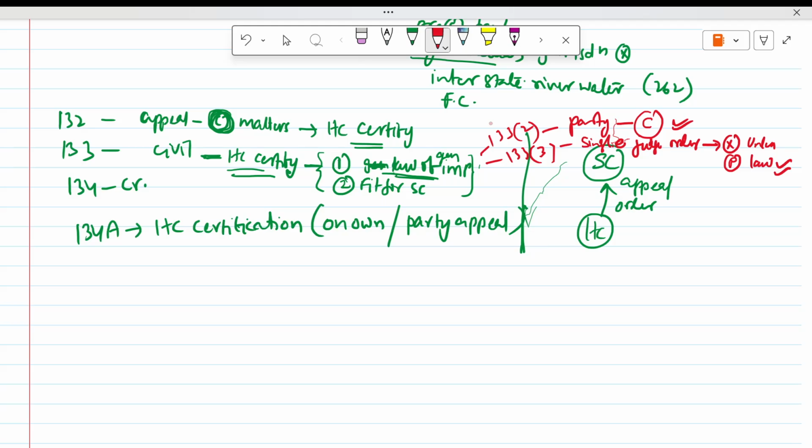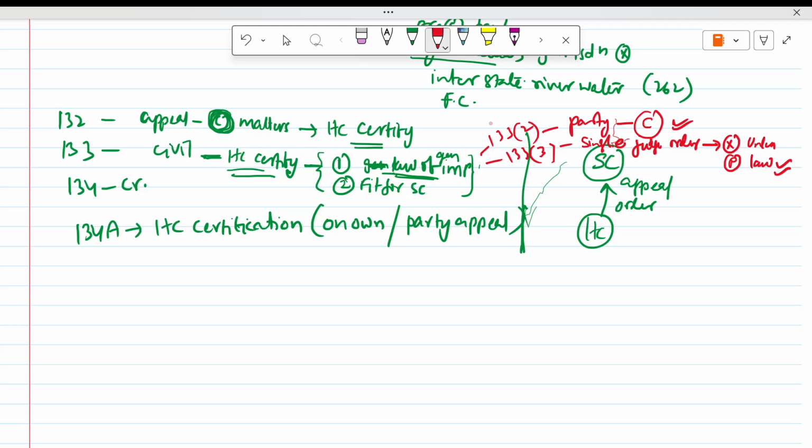So 133 1 says, if the High Court certifies the case involves the law of general importance and it is also fit for the Supreme Court, then you can go and appeal. 133 2, the other ground, the party can appeal that this case also involves constitutional interpretation. Then this ground also you can put. Then 133 3 says, if there is a single judge order, you cannot directly go to the Supreme Court on appeal unless Parliament by law creates it. The Constitution has not given it.